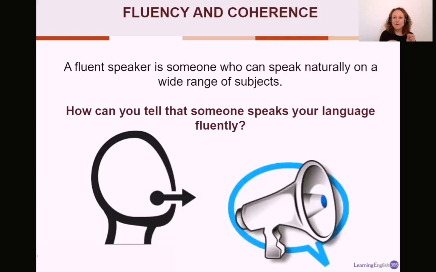So it's really important, to show the fluency and coherence. Does everything you say hang together? Do you capture my attention? Do I understand what you're talking about? Can I follow your argument or your point of view?